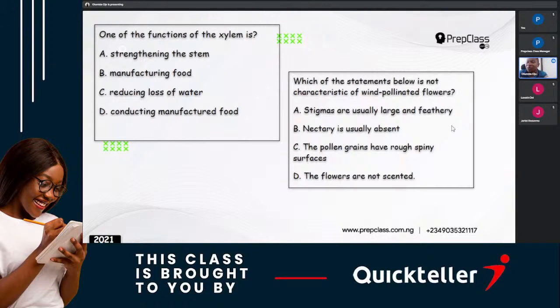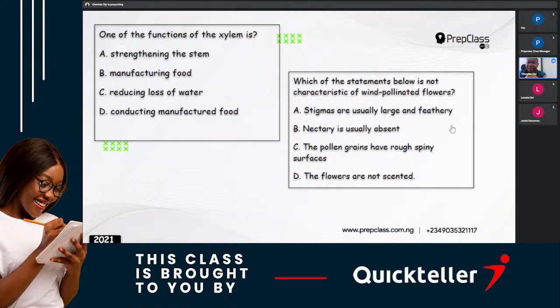And it must be in large numbers, because many will go on the floor, many will be wasted away, so some will get to the other flowering plant. That is why the amount getting out must be very much. The stigma is feathery and large to catch pollen grain.